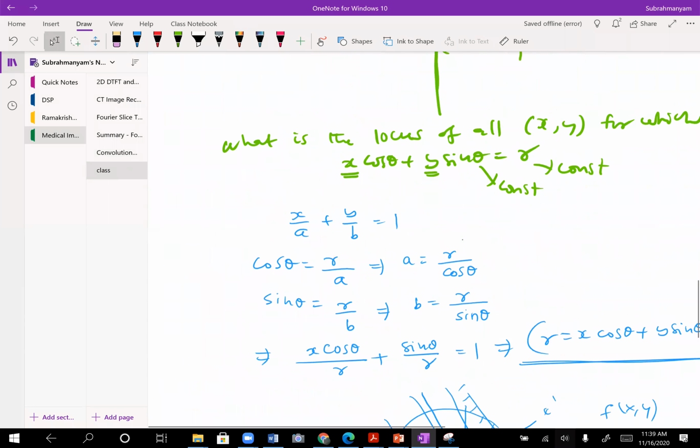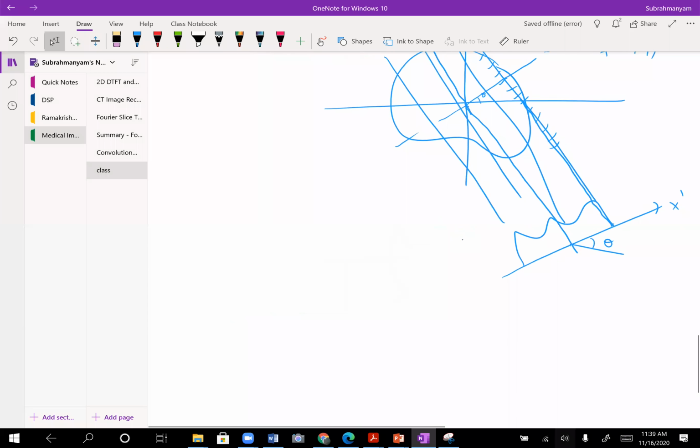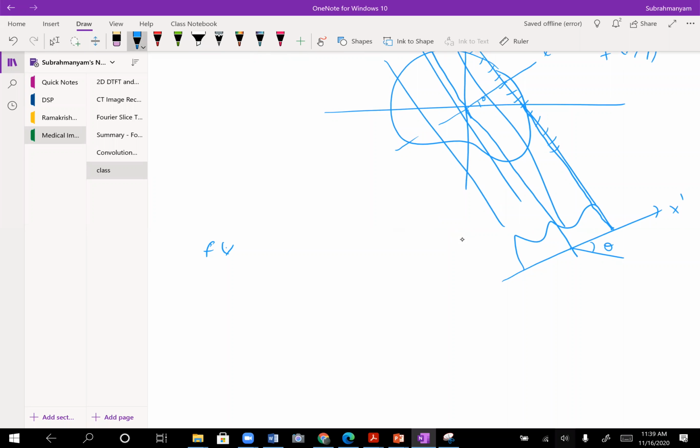So let us call this whole function inside b theta. Let me write it as f of x comma y equal to the integral, theta varying from 0 to 2 pi, of b theta of x cos theta plus y sin theta, d theta.